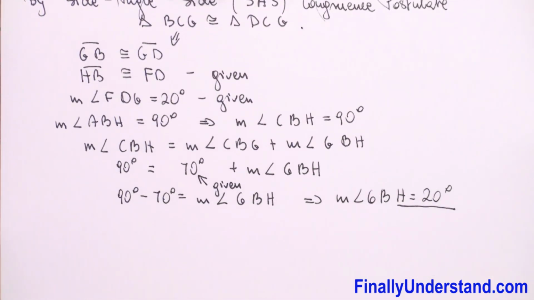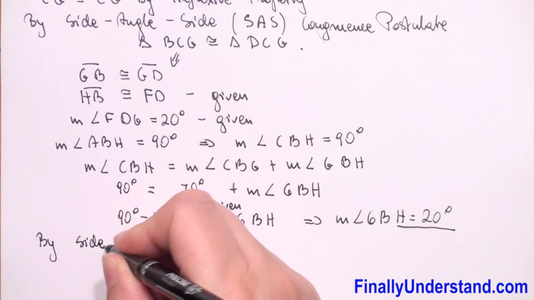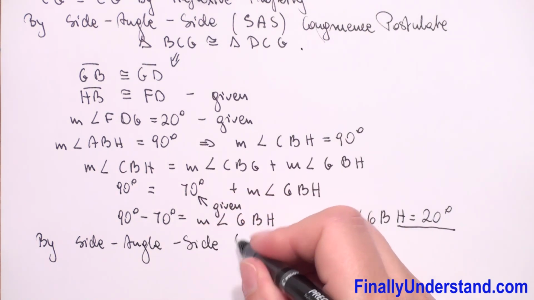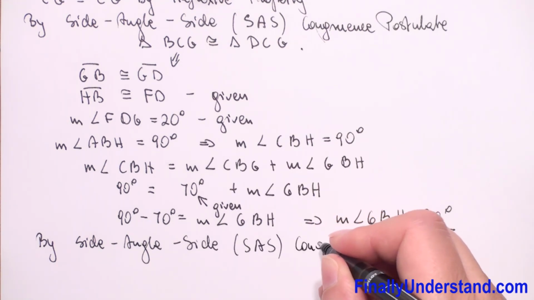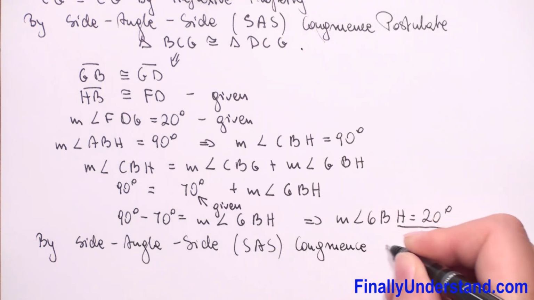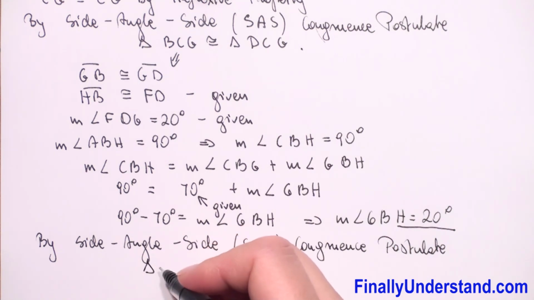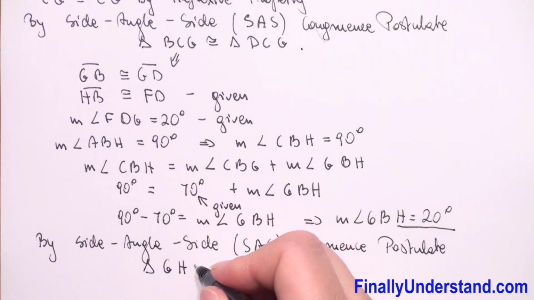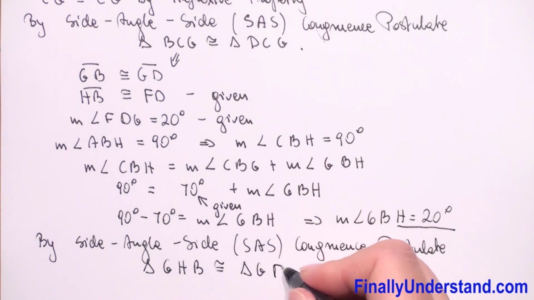So let me write this, that by the side angle side congruence postulate, triangle GHB is congruent to triangle GFD. This is my solution.